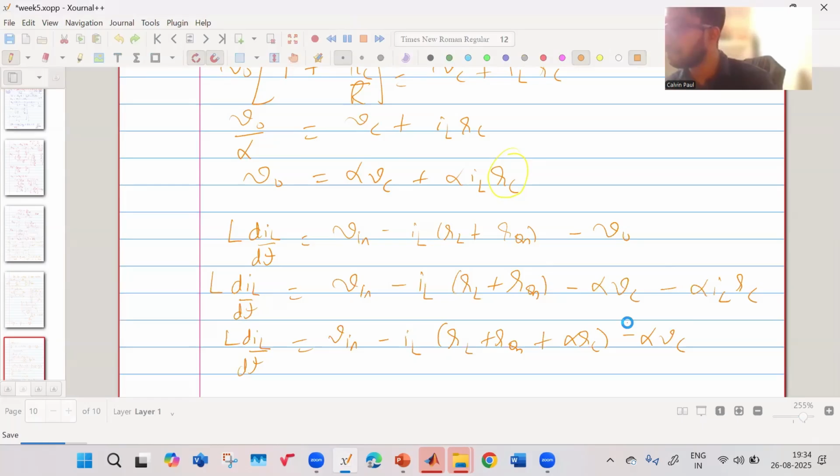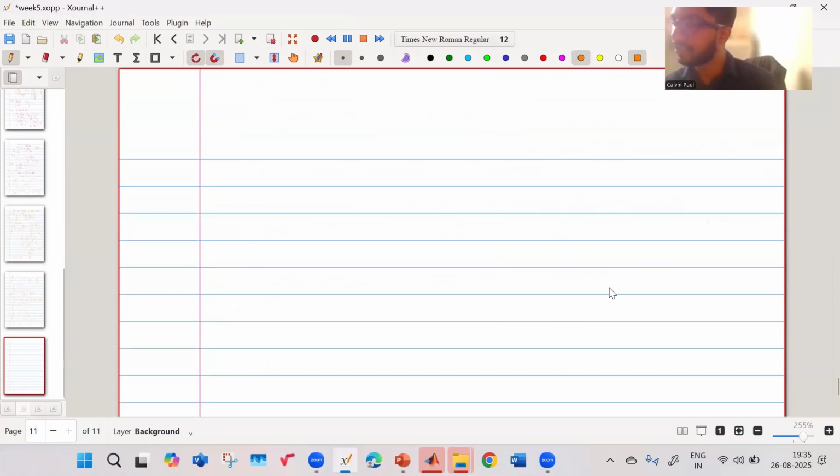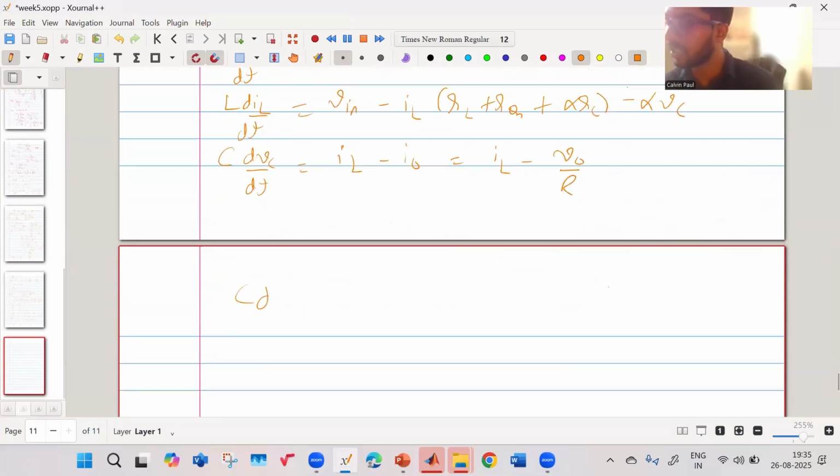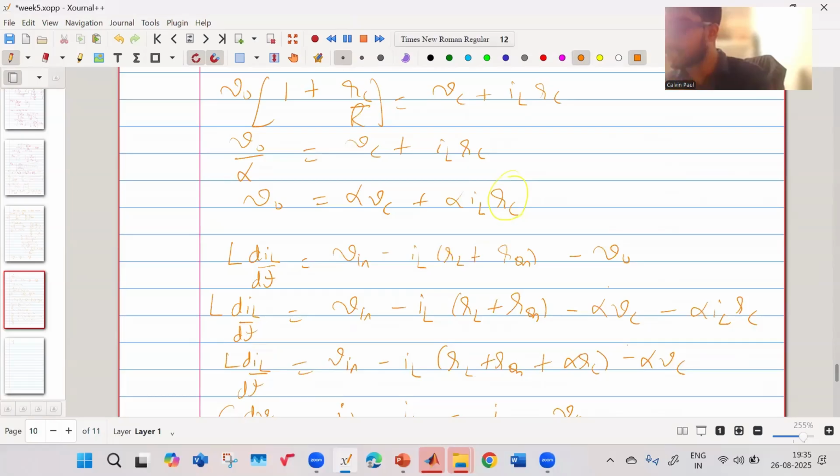Similarly, your C dVC by dt, that is equal to your IL minus I output, that is equal to your IL minus V output by R, right? C dVC by dt is equal to IL minus, what is your V output? V output is alpha VC plus alpha IL RC.